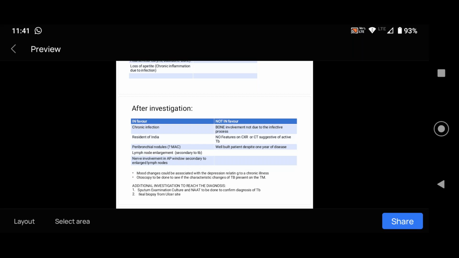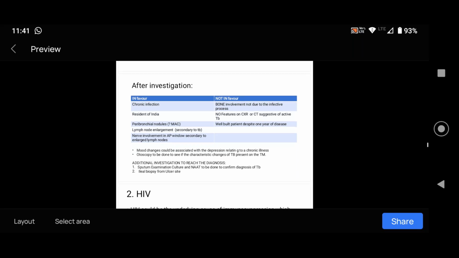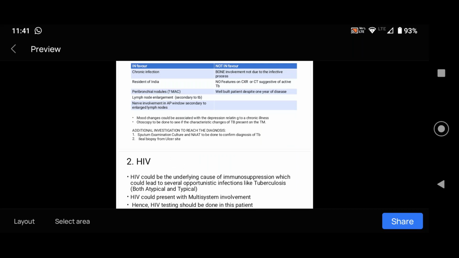So for us also, TB was a little difficult to explain because neither the physical features nor the investigations pointed to any real source of TB. So is TB high on your list or low on your list? Ma'am, it was low on our list. That's why the investigations were not done. Very good.